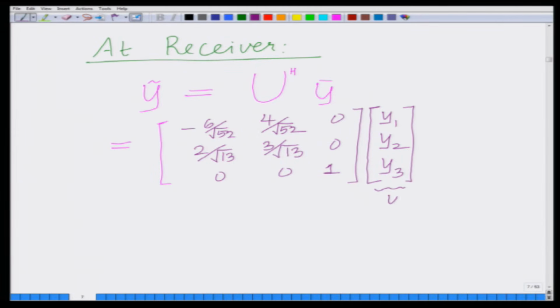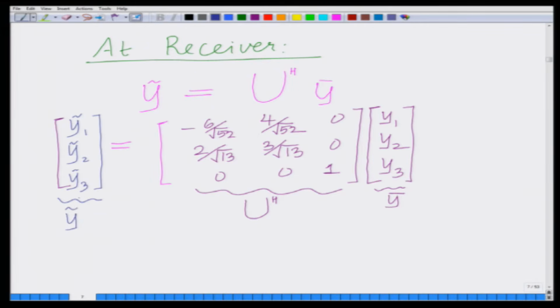This is basically my y bar, this is my U Hermitian, and this is my y tilde, which is y1 tilde, y2 tilde, y3 tilde, which is basically my 3 cross 1 vector y tilde.